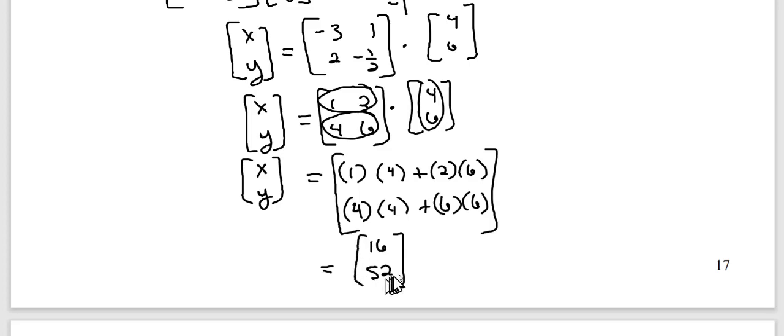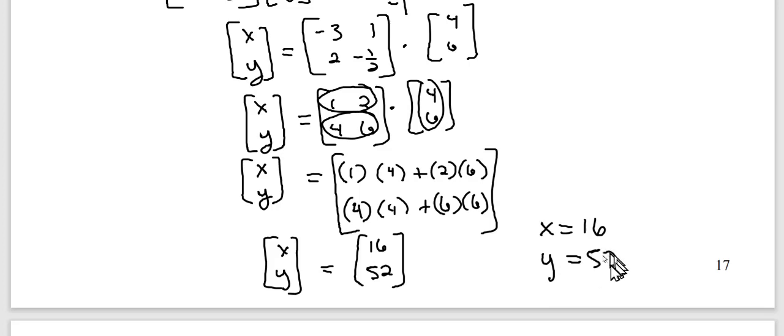Those are some big numbers there. xy equaling 16, 52 tells me x has to equal 16 and y has to equal 52. That's the only way for those matrices to be equal.